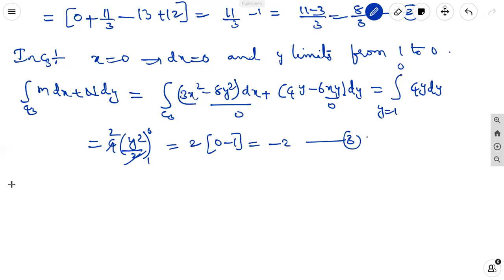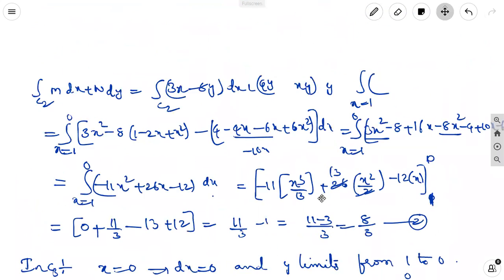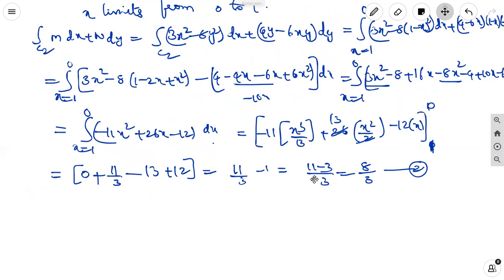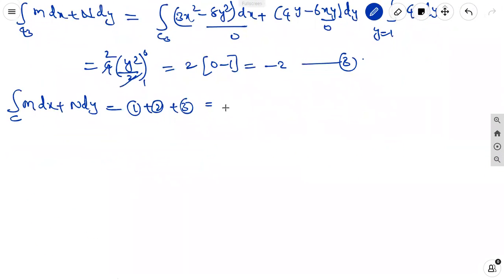This is equation 3. The integral over C of M dx plus N dy is equal to 1 plus 2 plus 3. The values are 1, 8 by 3, and minus 2. So 1 plus 8 by 3 minus 2, it is equal to 8 by 3 minus 1, which is 8 minus 3 by 3, equal to 5 by 3.